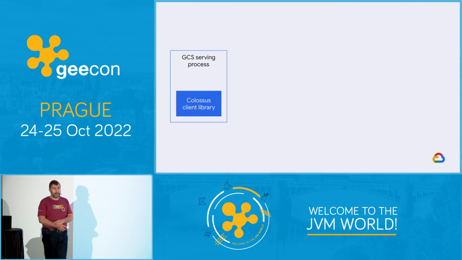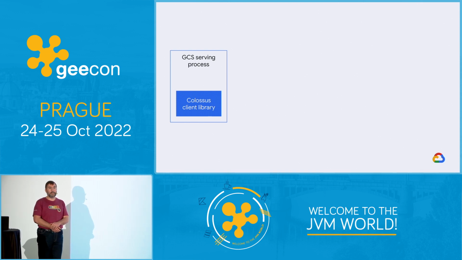All right, so let's dive in. We'll start assuming that Google Cloud Storage system is using this, and we will go through the life of the data as seen by the GCS service. So the GCS service is using the Colossus client library, which is the entry point into the storage, and this library has an API that lets you express your wishes against the storage.